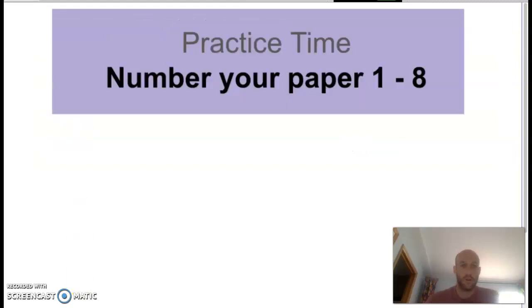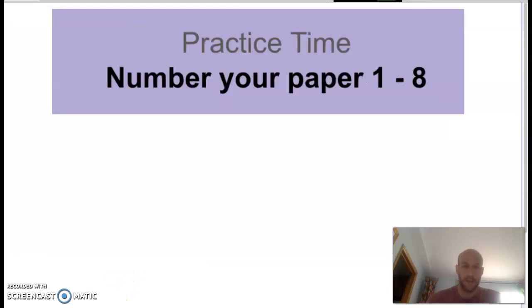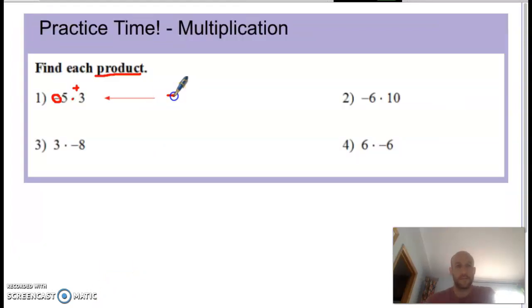If you're going to use your resource, a negative times a positive is a negative. So I know my answer is going to be a negative answer. And I know 5 times 3 is 15. Okay, so go ahead and pause this video, try the other 3 on your own, and when you're ready to check your answers, push play.